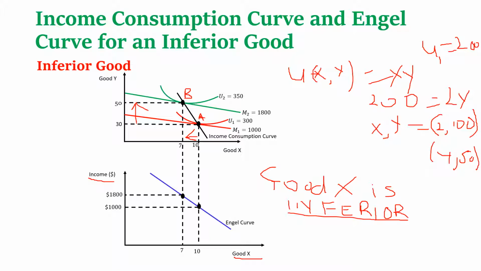But the consumption of good X falls when the consumer's income increases, so it's an inferior good. So the good that is normal here is good Y, and the good that is inferior is good X. And so it has a downward sloping Engel curve. Remember, the Engel curve for all inferior goods is downward sloping. It is not upward sloping.